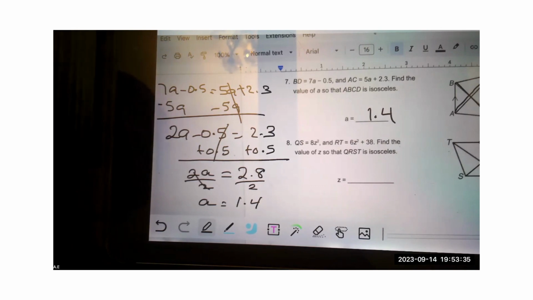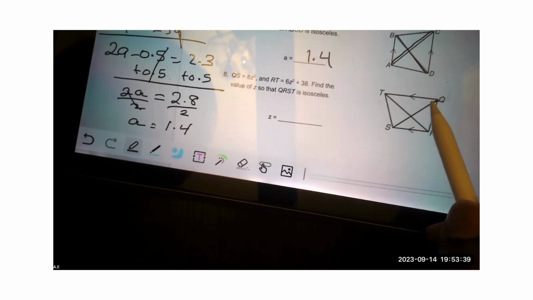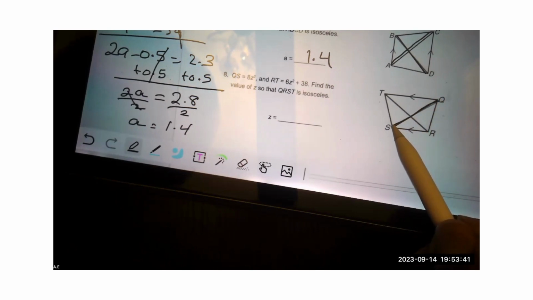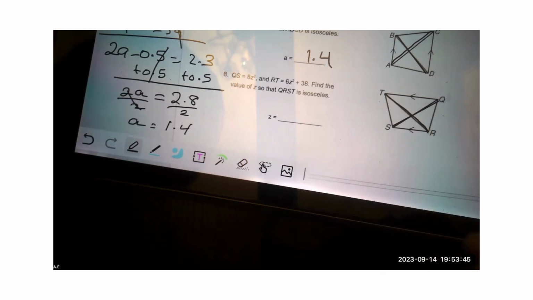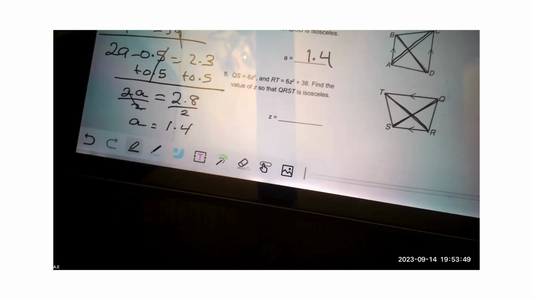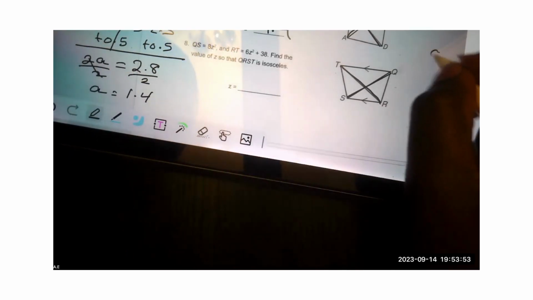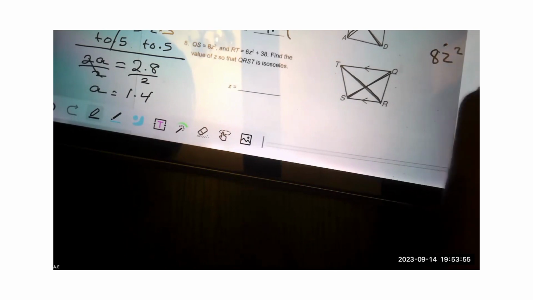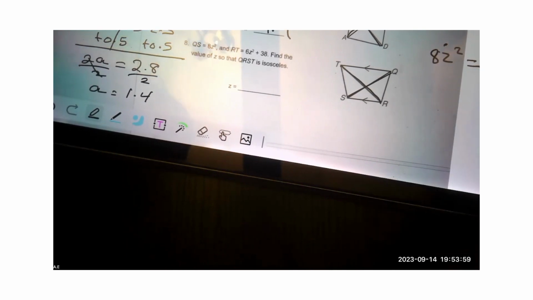Right, number 8 says QS is 8z squared, RT is 6z squared plus 38. Find z. So here again, we make them equal to each other. 8z squared equals 6z squared plus 38.